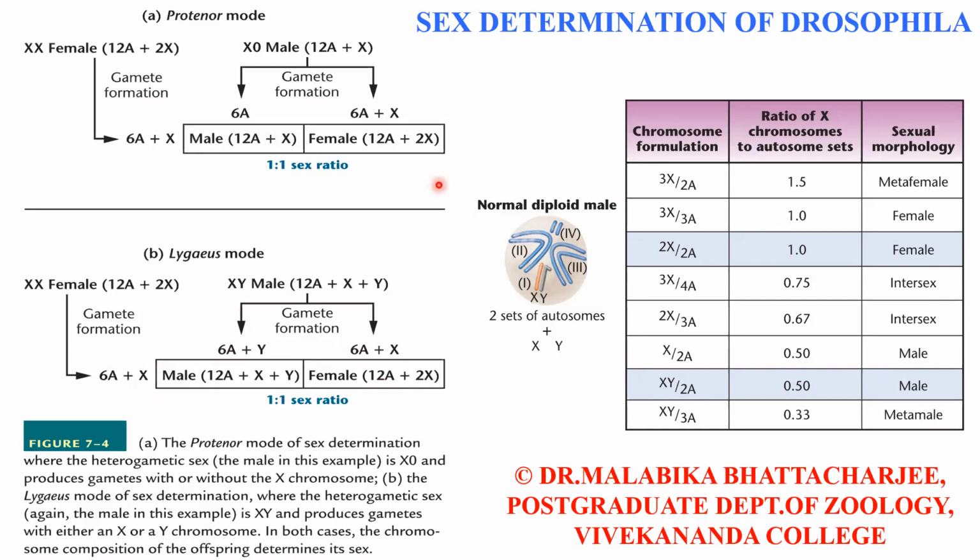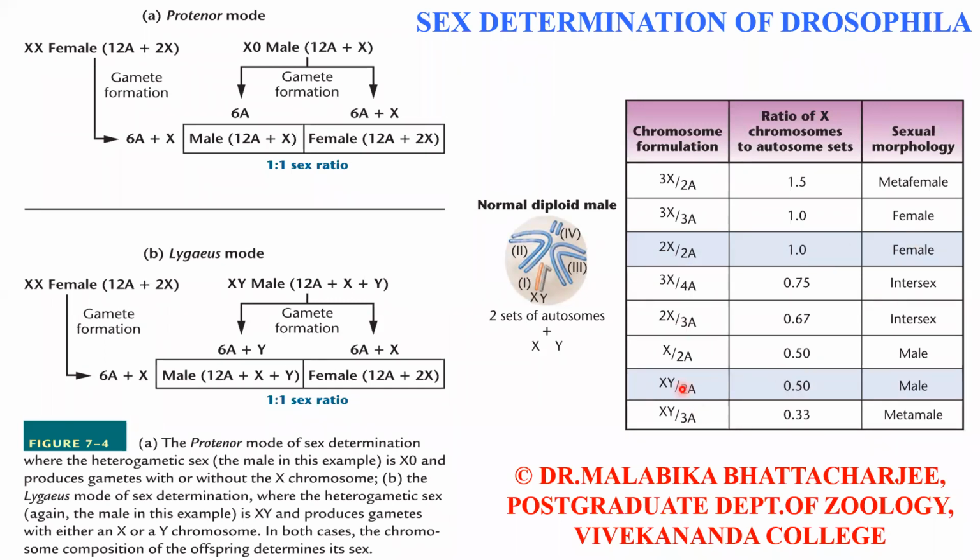This is a very schematic picture of the diploid male of Drosophila, and last day I had also said that there are four sets of chromosomes, where we have the sex chromosome and 3 sets of autosomes, and the ratio of X to A: if it's 1, it's female.